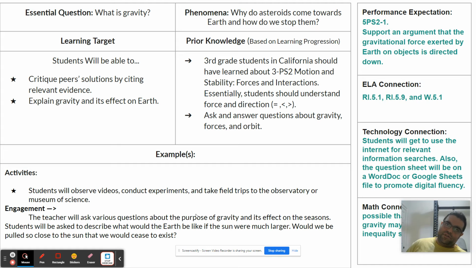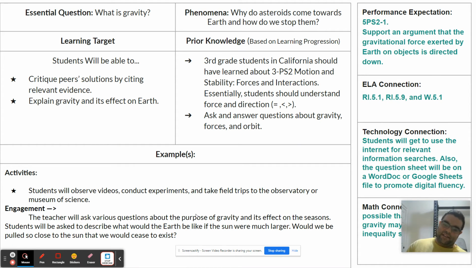The sun is huge; it's a lot bigger than Earth. So with the size of the sun and the size of the Earth, we keep a certain distance away from each other. If the sun were to double in size, or we were to shrink, we would be closer, and our weather would be different. We might cease to exist.